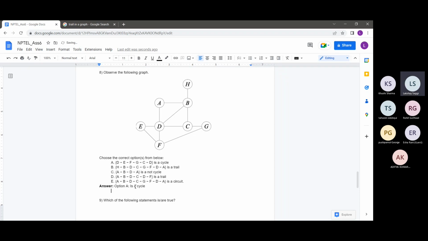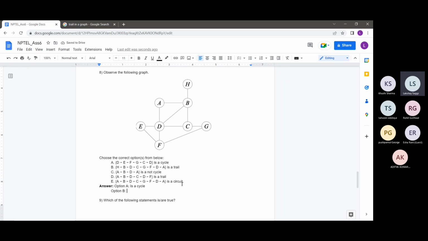If you guys don't remember all these definitions, like what is a cycle, what is a trail, or what is a circuit, I recommend you look into them and at least remember the basics. You should always know what is a cycle as well as a path. For the other definitions, like trail and circuit, you can always look them up online, but it would be preferable if you remember them, so that it's immediate to you when something of this sort is asked.